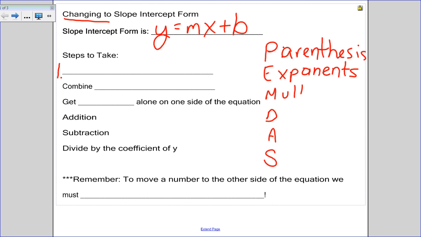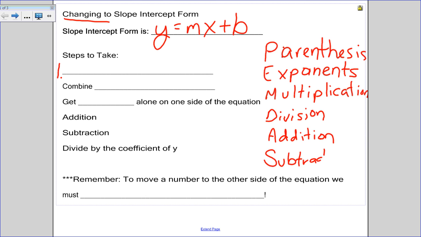We do multiplication. That's our M. What do you think our D is? Good. Division. Then we do addition. And last thing we look at in the problem is subtraction, okay? This is just an order when you're given an equation. This is the way that you look at it, okay? These are the first steps that you take.